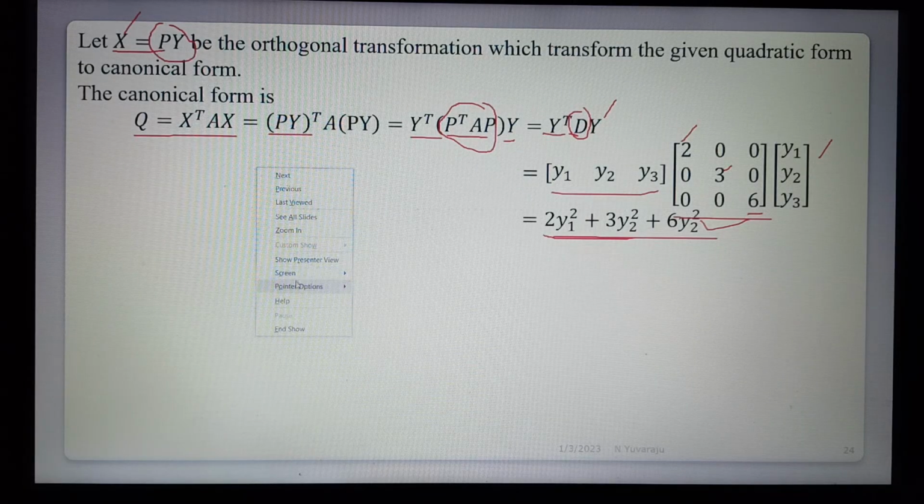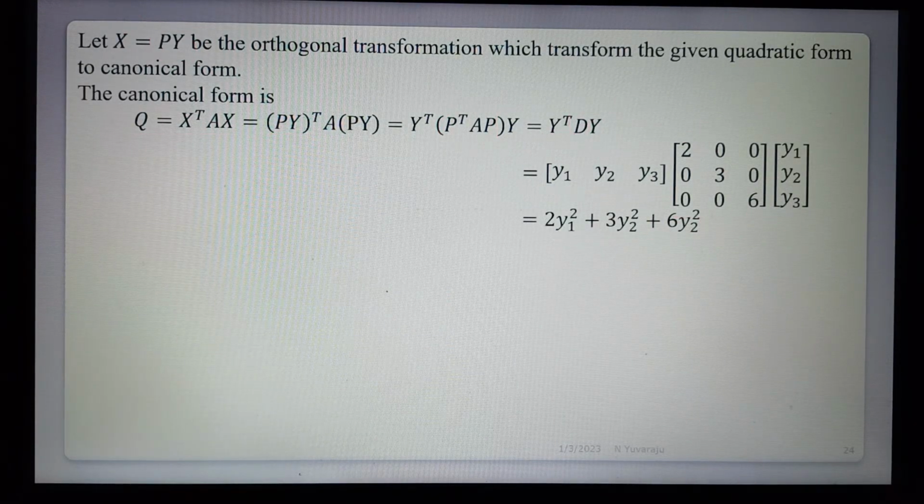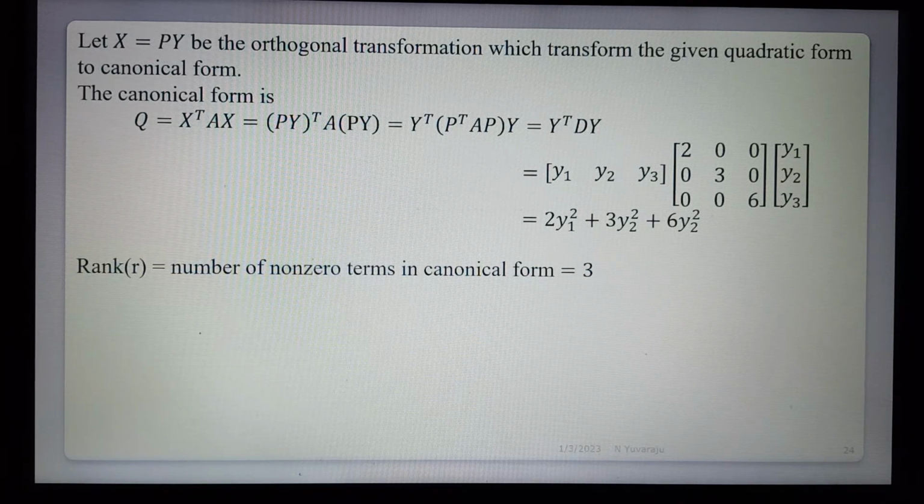In the canonical form, now finding the rank. Rank means the number of non-zero terms in the canonical form. 2, 3, 6 are all positive, totally 3.